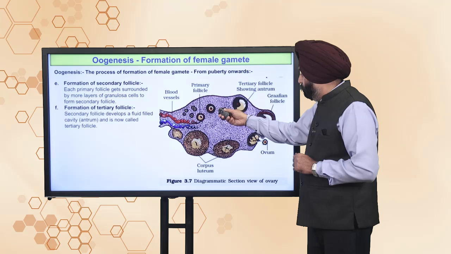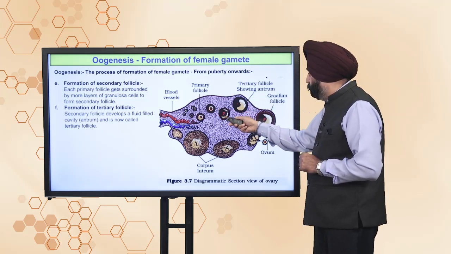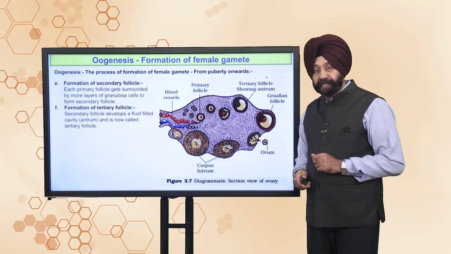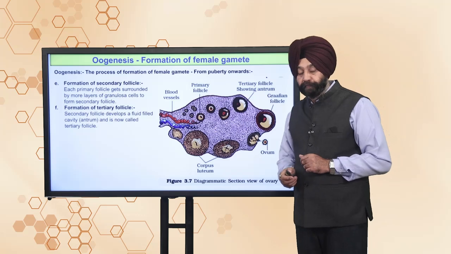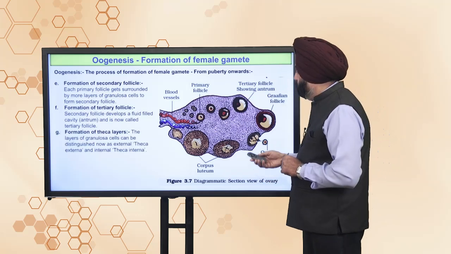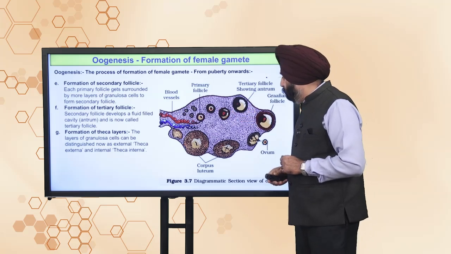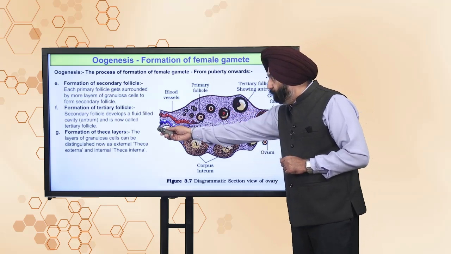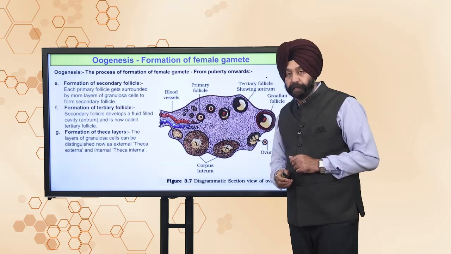These secondary follicles develop a cavity inside them called the antrum, and they are now called tertiary follicles. The layers around the follicle increase in number, resulting in the formation of external theca and internal theca layers.